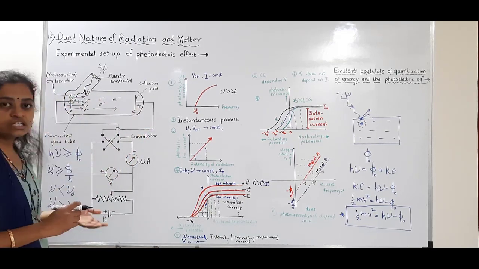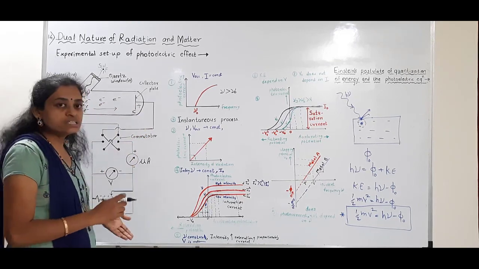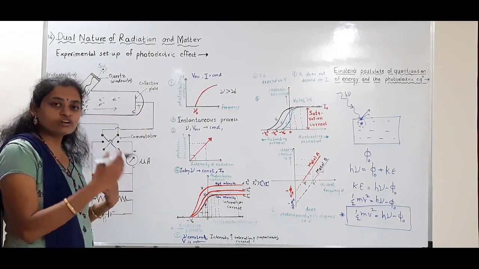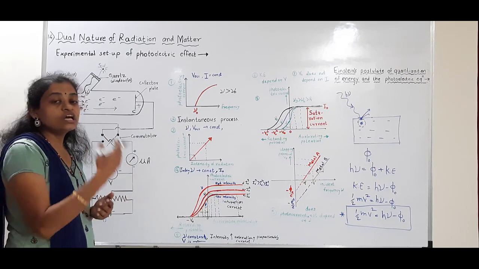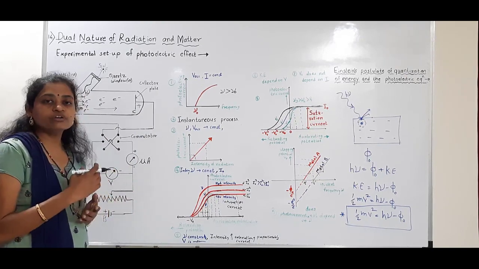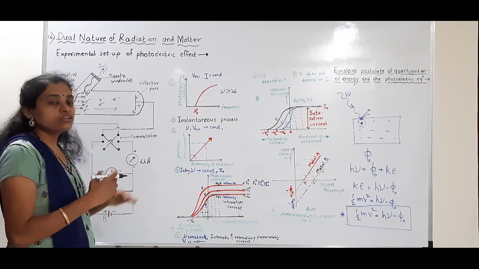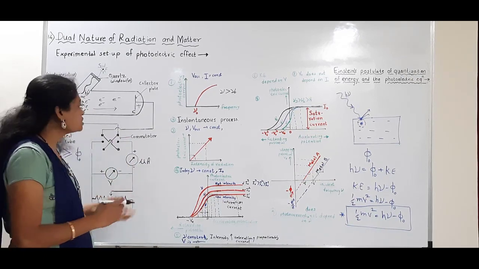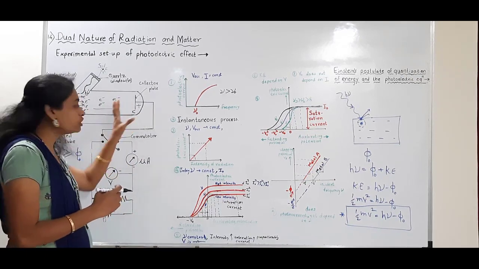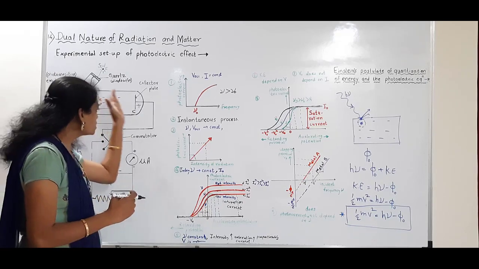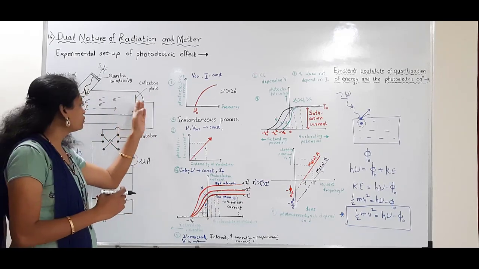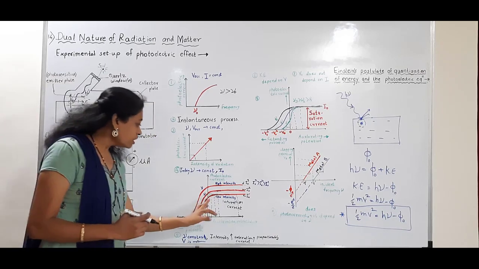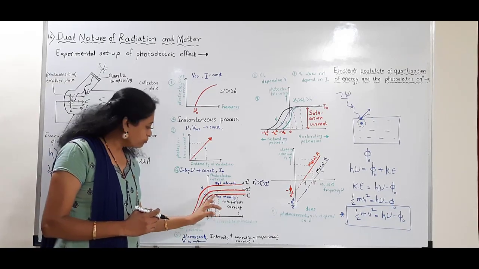Intensity is the indication of the number of photons incident per unit area per unit time, and therefore electrons emitted from the emitter also increase. And if we apply positive potential, they are accelerated towards the collector and we get an increase in the photocurrent.